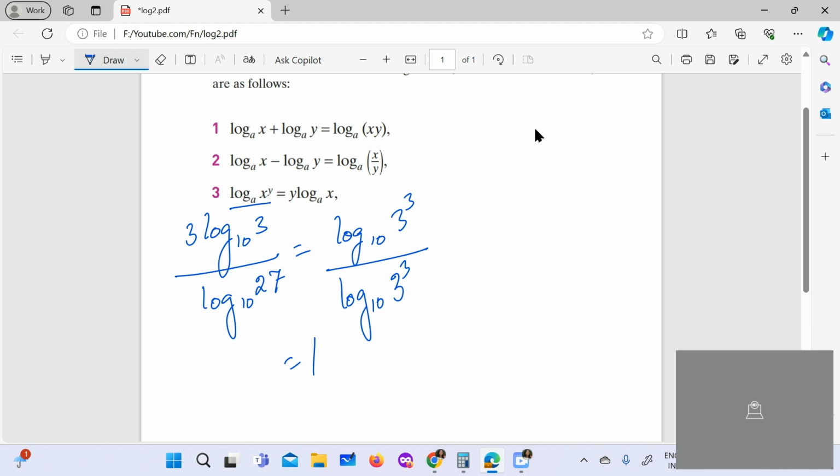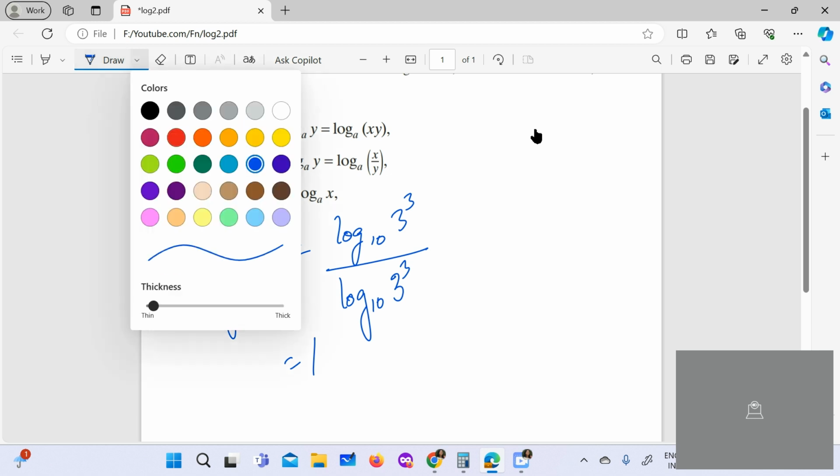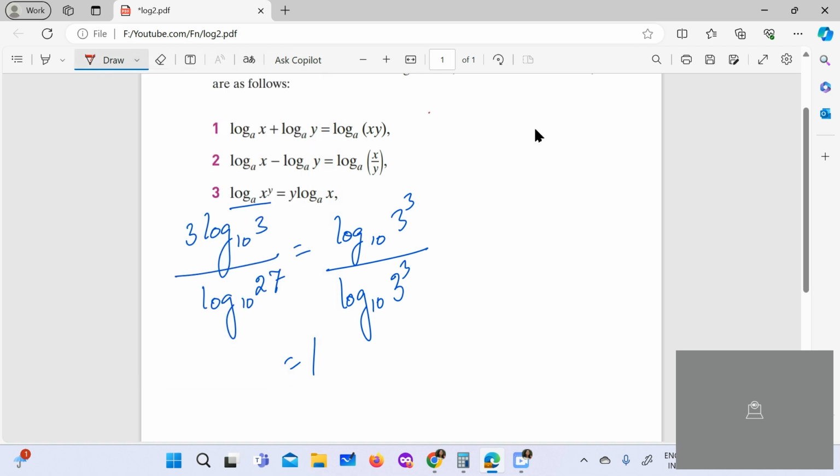Okay. So let's see one more problem of this kind. Now, log base 10 64 and log base 10 16. Okay, so how can we solve this now?